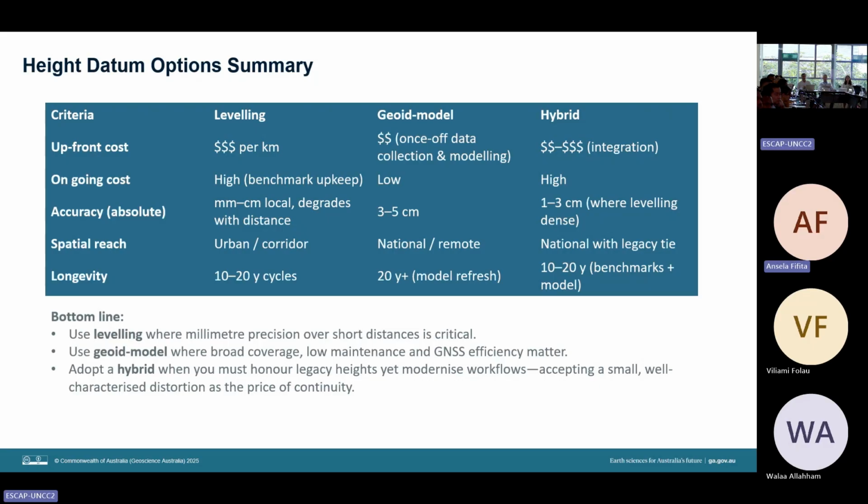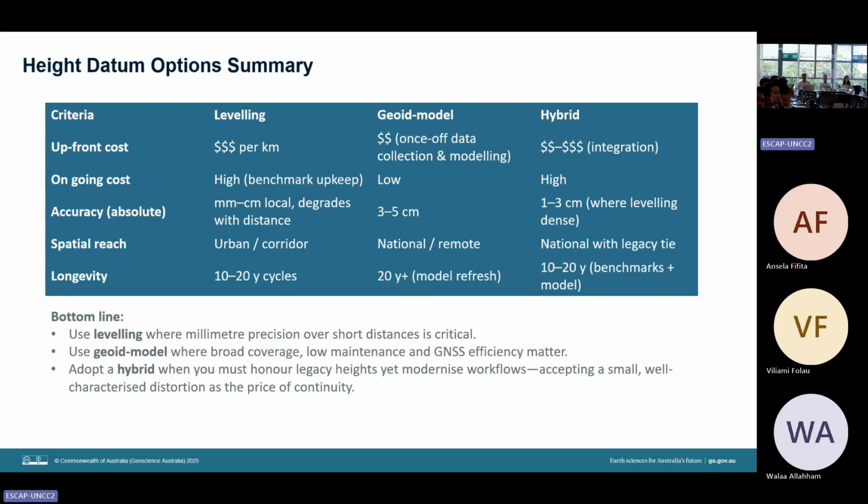The third is the hybrid datum. I think of this as the best of both worlds, leveling continuity with a modern GNSS on-ramp. We can stabilize legacy leveling networks by adding loosely constrained GNSS plus geoid heights at strategic points, or we can warp the geoid with a geometric layer so that it honors key benchmarks or local mean sea level zero values.